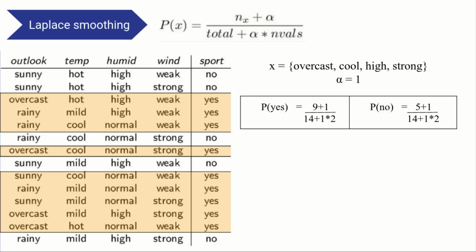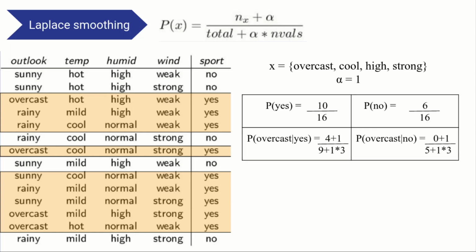Our numerator is n plus alpha, that is 9 plus 1. Our denominator is the total number of records, 14, plus alpha, multiplied by 2, which is the number of possible class values. And the same reasoning applies to the no probability.